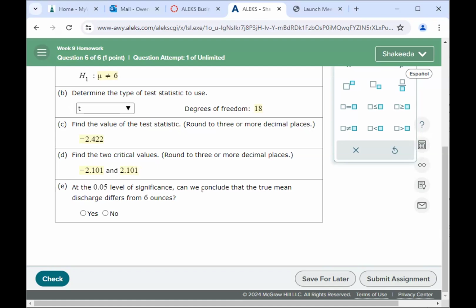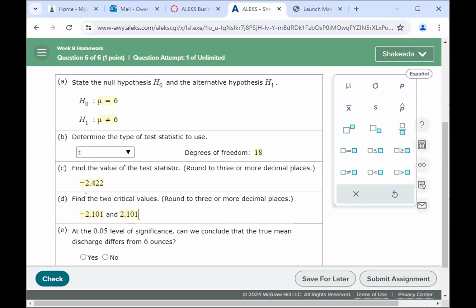Okay, so we can conclude that the true mean discharge differs from 6. OV greater than CV.